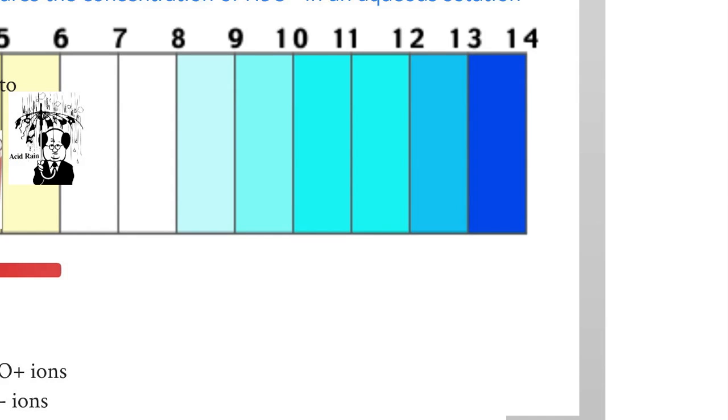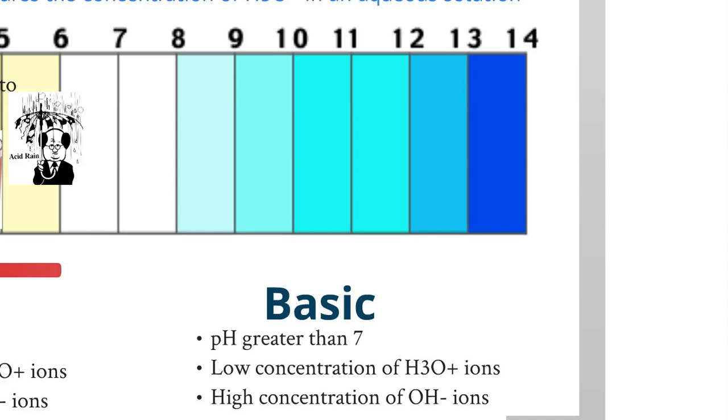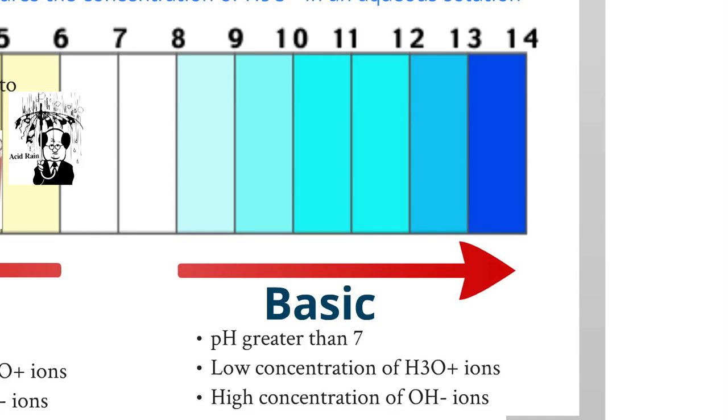Now, on the other end of the spectrum, we have our basic solutions. They have a pH greater than 7. They have a low concentration of H3O+ ions, but they have a high concentration of hydroxide ions, a high concentration of OH-. So we have our baking soda with a pH of 8.